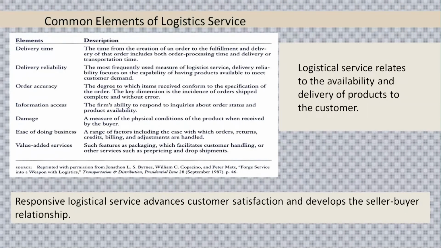Some of the concepts that may be interesting to refer to are, for example, the ease of doing business. Here the logistics service plays a major part in improving the customer's level of satisfaction with the ease of doing business.